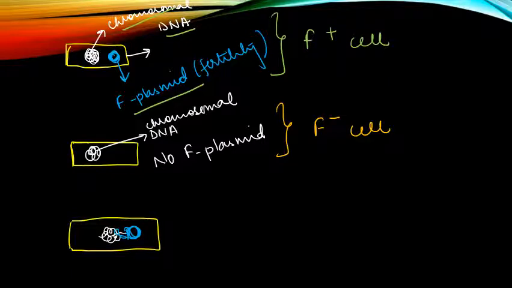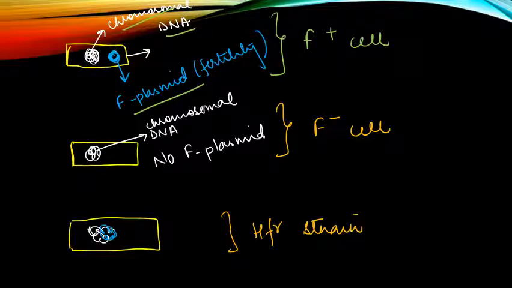Let me show it in this way. It integrates with the chromosomal DNA, so it is not present separately. This one we call the HFR strain, that is, the high frequency recombination strain.